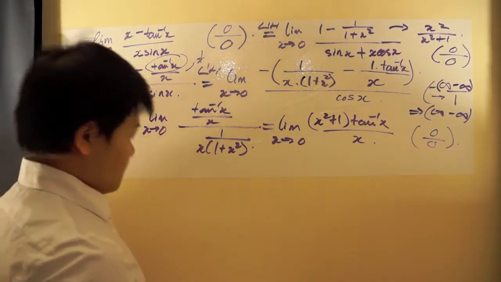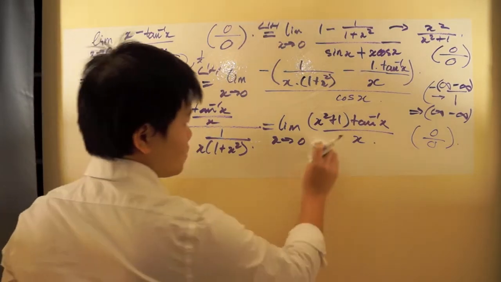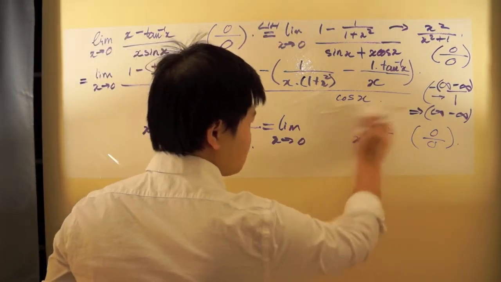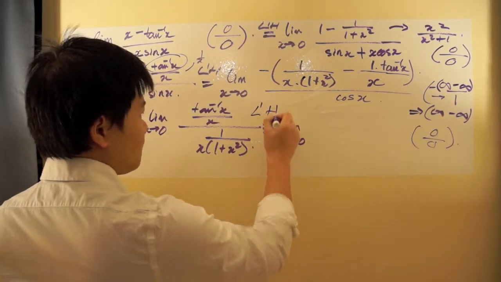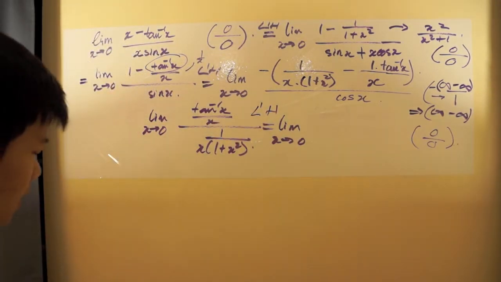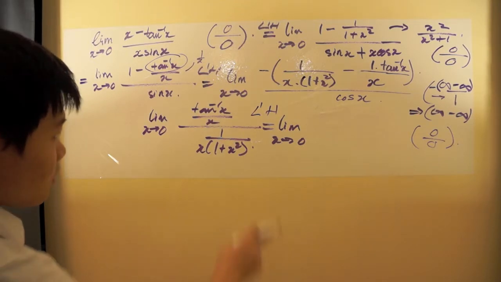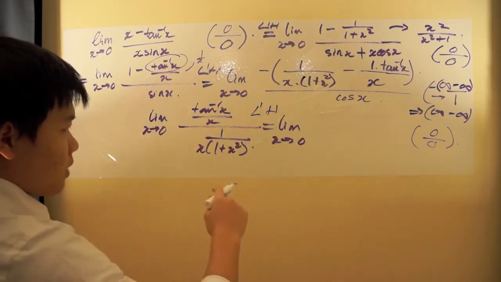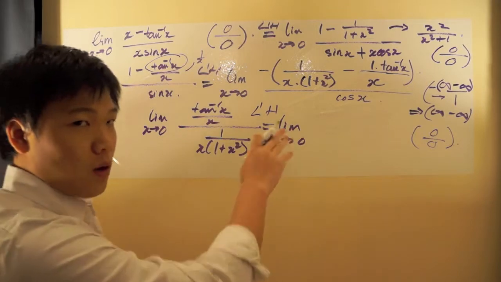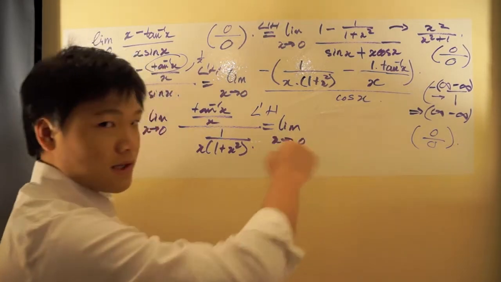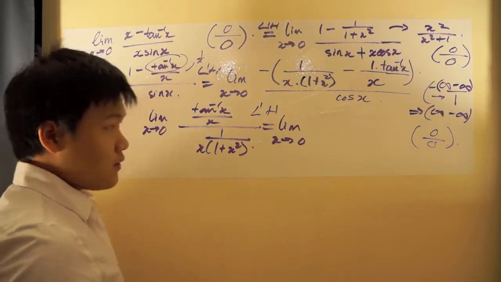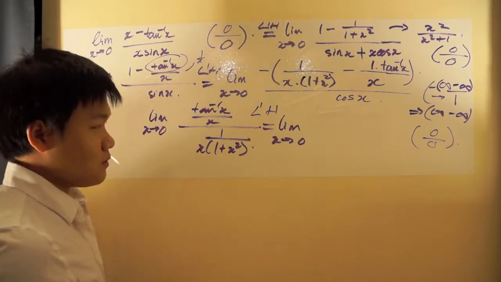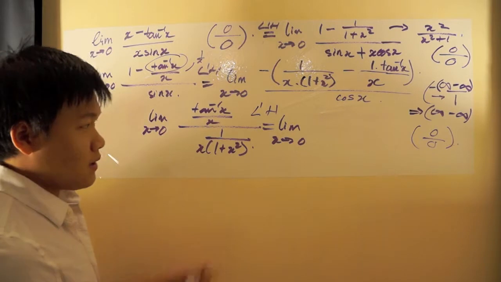After I apply L'Hospital's rule, what do we have? Before, we had an x in the denominator. After taking the derivative of top and bottom, down below will be a 1, so we can cancel that.